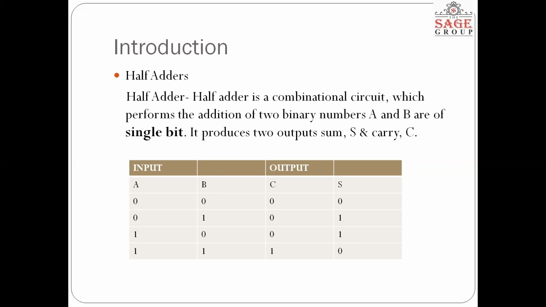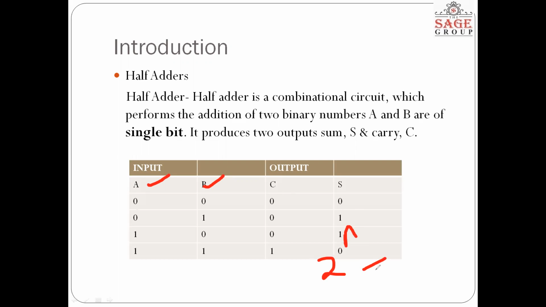In this truth table, for the inputs there are two variables. If you take two variables, A and B, the number of combinations is 2 power n, right?